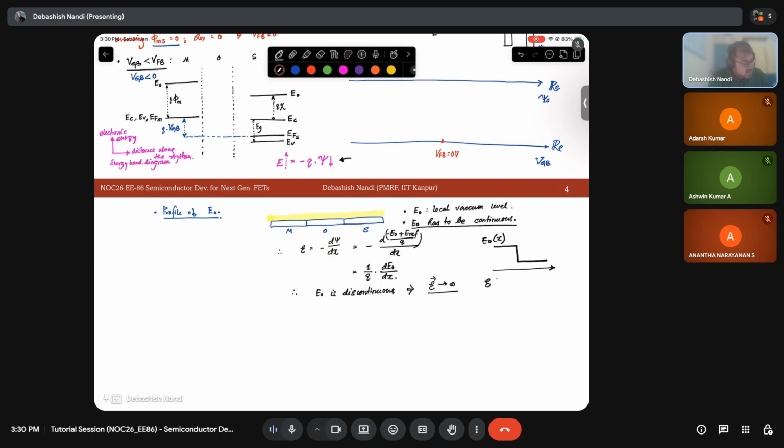If this is with respect to x, E of x will be a delta function at this point. What is the magnitude of that delta function? Minus infinity. So do you think there is something in the physical world called infinite electric field? Anyone? So infinite electric field is not possible, right? So that is why my E0 has to be continuous.